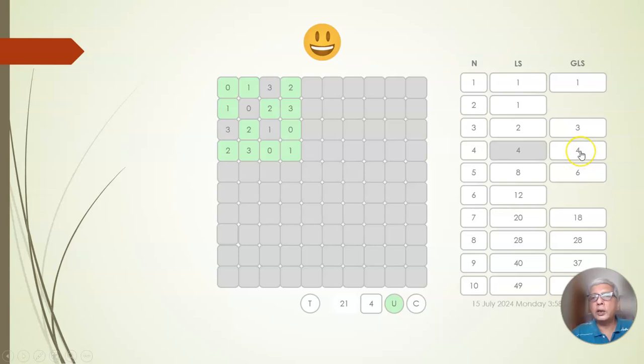Let me try critical set of order 4 Greco-Latin square. So that comes with 2-digit numbers. The first digits form a Latin square. The second digits form a Latin square, and all the pairs are available. There is no duplicate in any row or in any column in first digit and second digit, and also there is no duplicate in the double digit number.